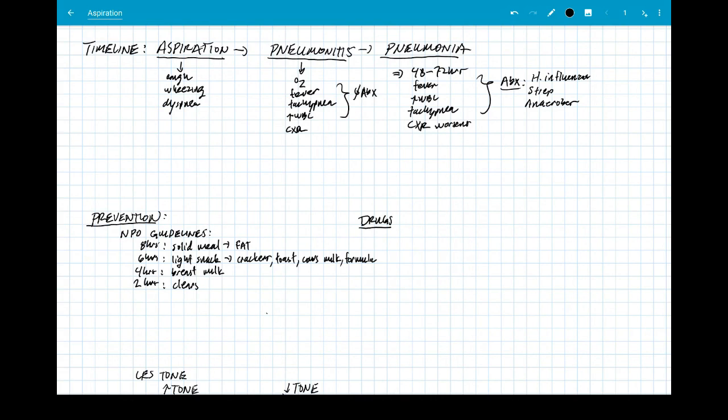What else do we do to prevent aspiration? Well, if a patient is considered a full stomach, we do a rapid sequence induction. What that means is we use drugs that act rapidly and we secure the airway rapidly without mask ventilating.